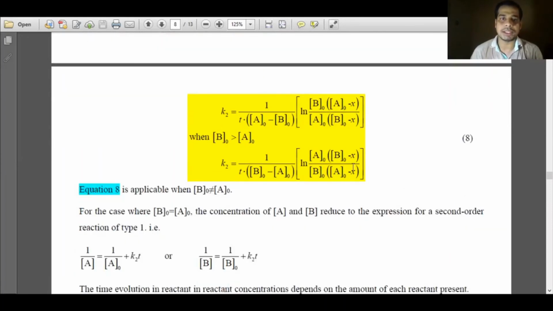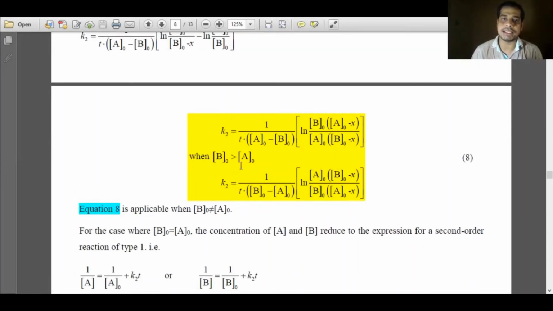So we discussed two conditions, A0 greater than B0 and B0 greater than A0. Equation 8 explains the condition when A0 is not equal to B0, where one reactant can be greater than the other.